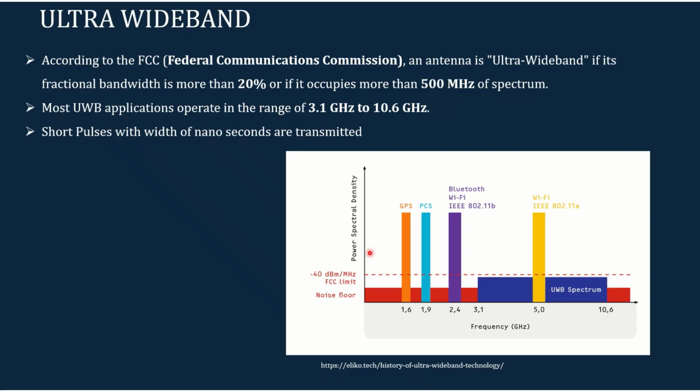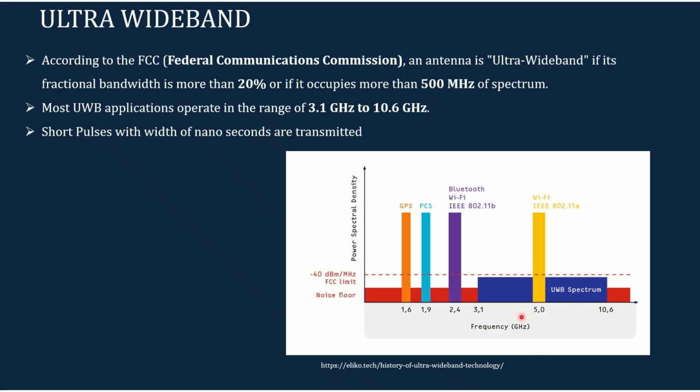I would like to explain a little bit about the power spectral density variation versus frequency. Here you can see different applications at different frequencies and how the power spectral density varies. This is the power spectral limit for the FCC, and this is the noise floor.